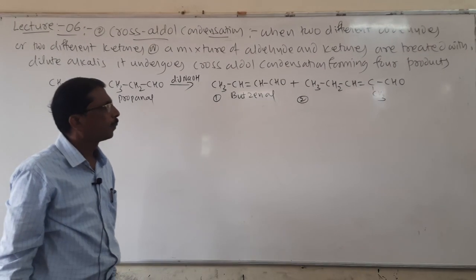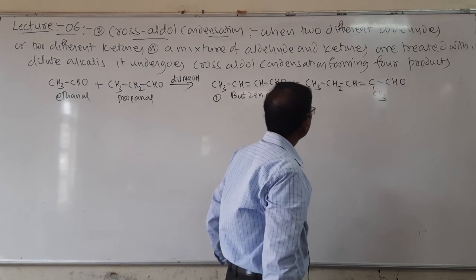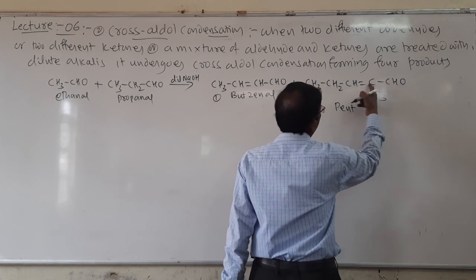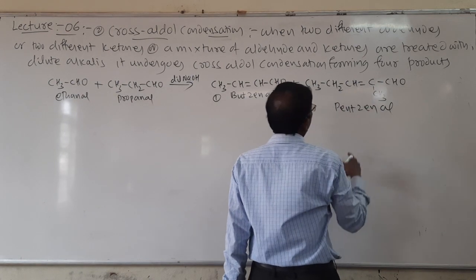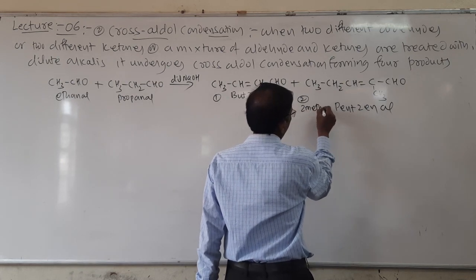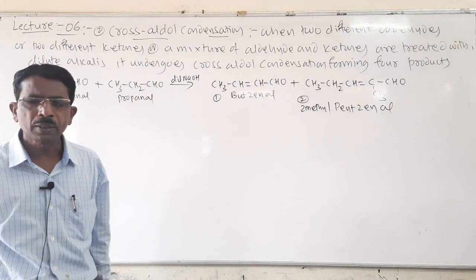Look here, its name is 1 2 3 4 5, pent-2-en-al, so it is 2-methylpent-2-en-al.